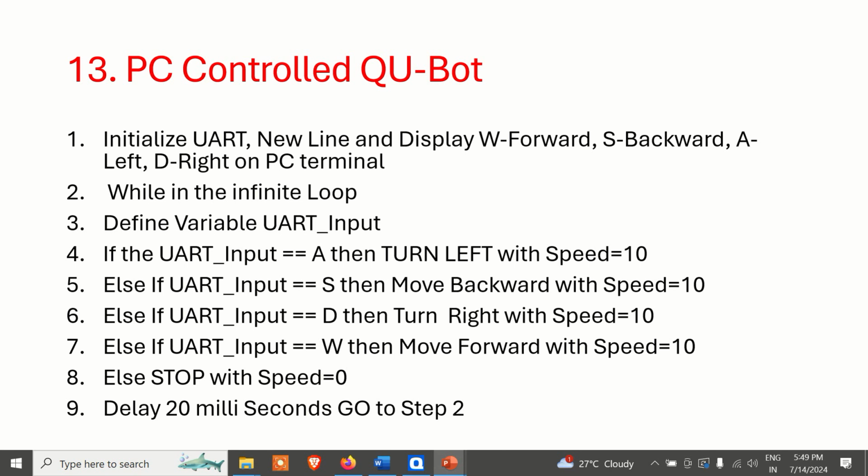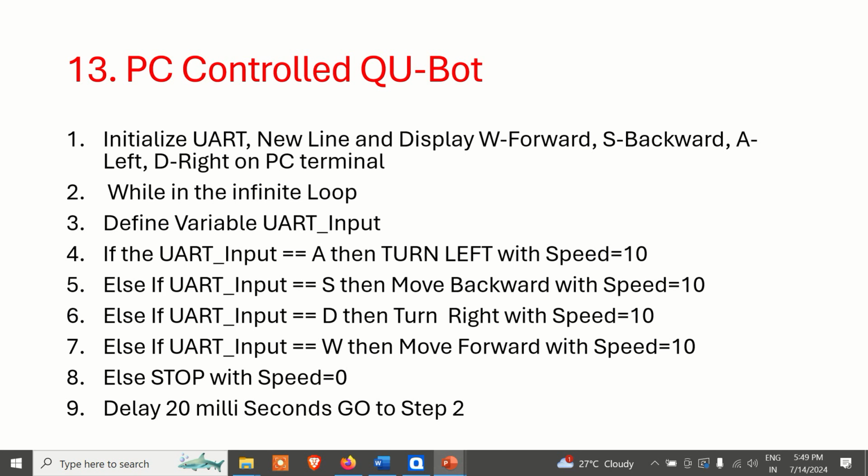So what we do is, if you remember the UART program where the QU board has a serial terminal. So initialize the UART with a new line with a baud rate of 57,600. Then on your computer screen through UART, display W for forward, S for backward, A for left, D for right, so that user understands that these are the four keys he or she has to press.